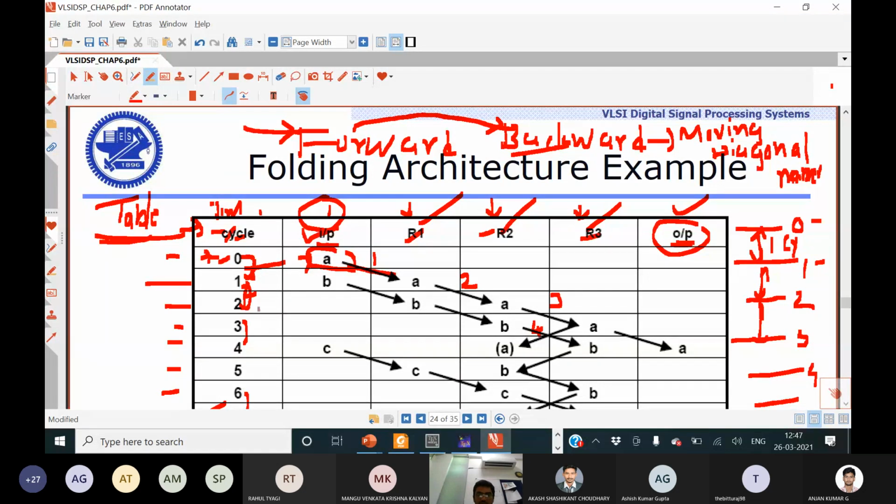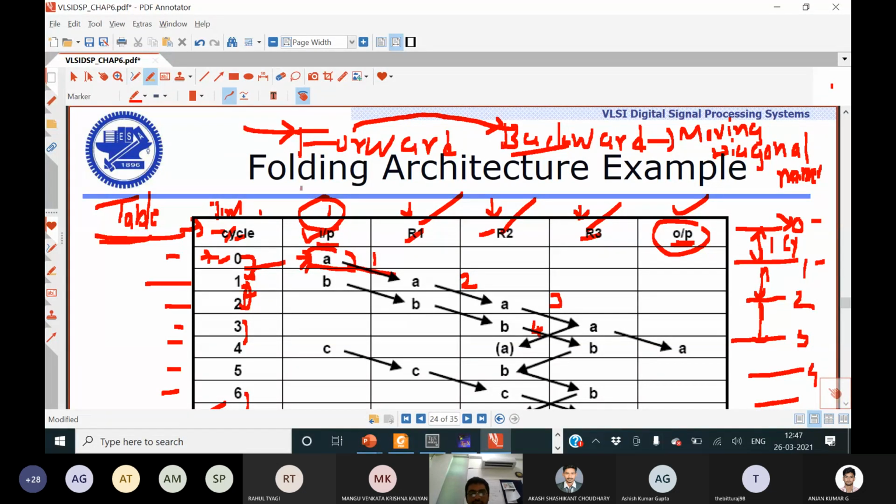Now, if you think about this, you are starting with A. Now, A is for 1, 2, 3, 4 clock cycles. When I say first clock cycle, that means I need to start with the time instance 0. So from 0, A is started. Now, for A, I need to move forward. Up to how much do I need to move?